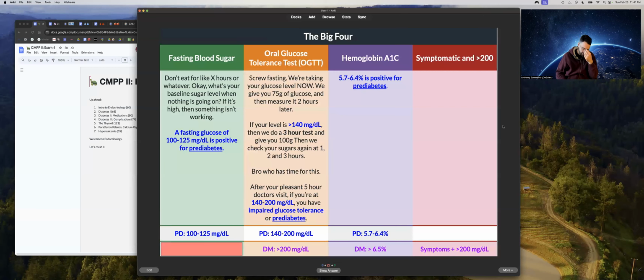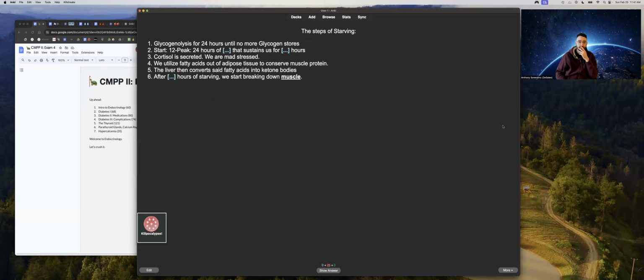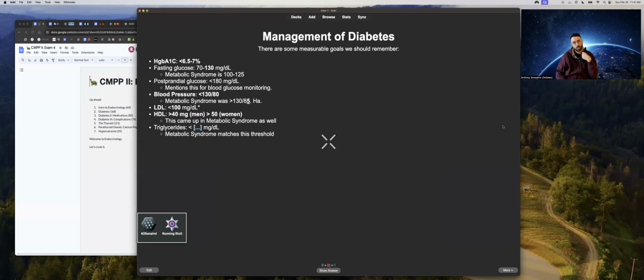What's diabetic for fasting blood sugar? Greater than 126 and higher. So what's the 12, 24, 48 gluconeogenesis? Starts, peaks, sustains, and then 48 is done. We start breaking down muscle. Triglycerides, 150. Nice, clean number.